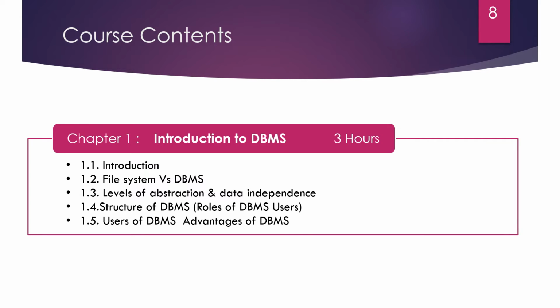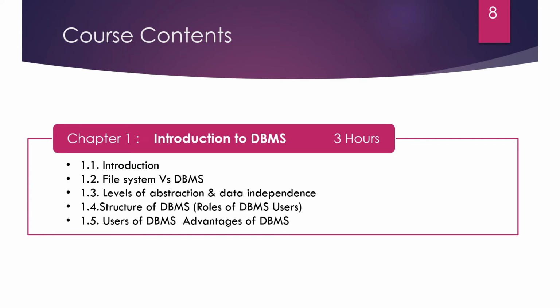Then the major purpose of a database system is to provide users with an abstract view of the data, that is, the system hides certain details of how data are stored and maintained. That we will discuss in 1.3, that is levels of data abstraction and data independence. 1.4 is structure of DBMS. It is partitioned into modules.